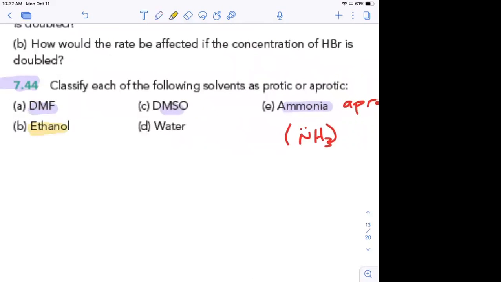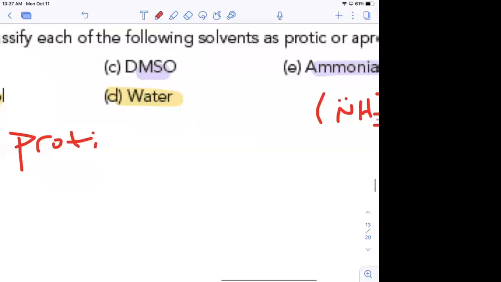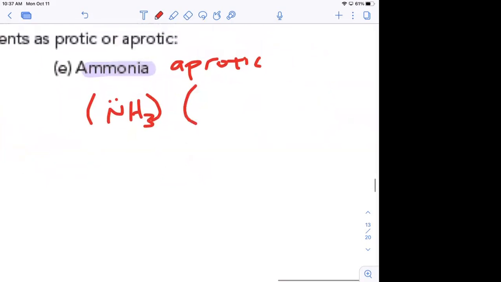And then ethanol and water are both protic, meaning they can give up H plus. So protic solvent donates H plus. An aprotic solvent cannot donate H plus.